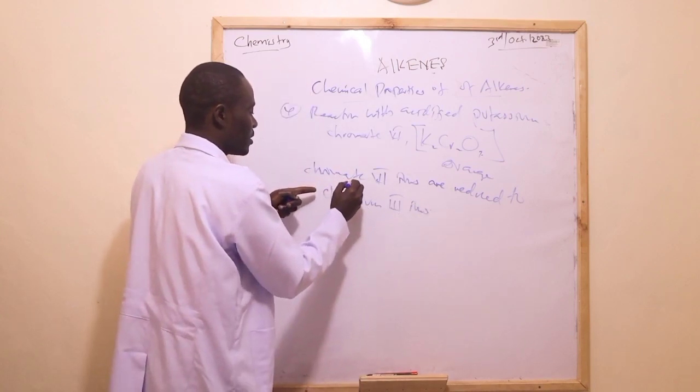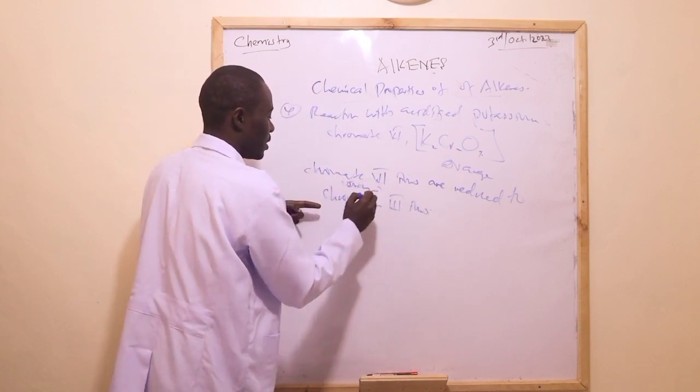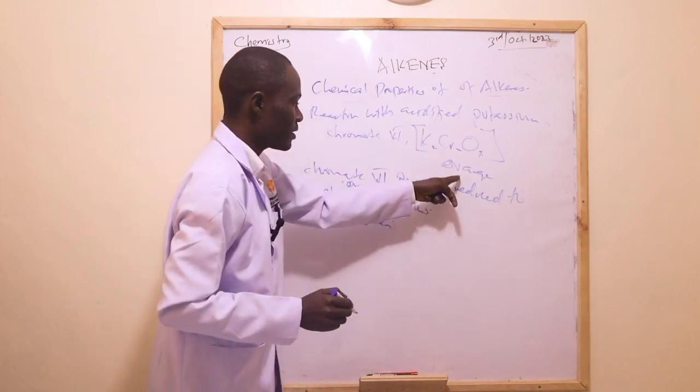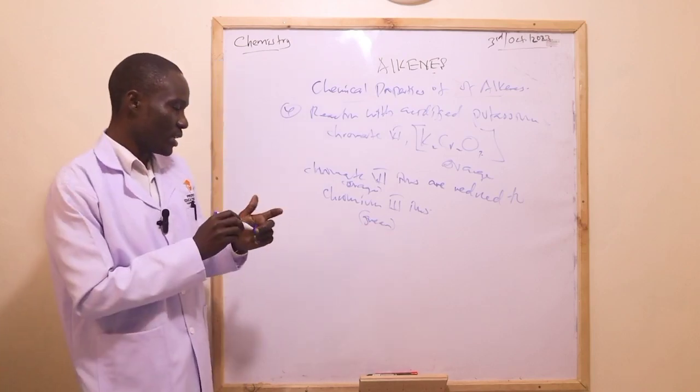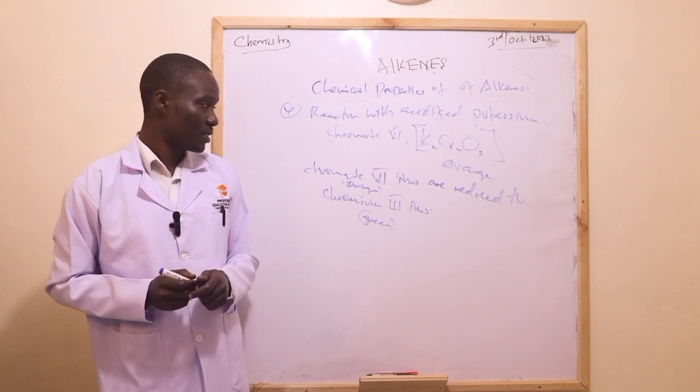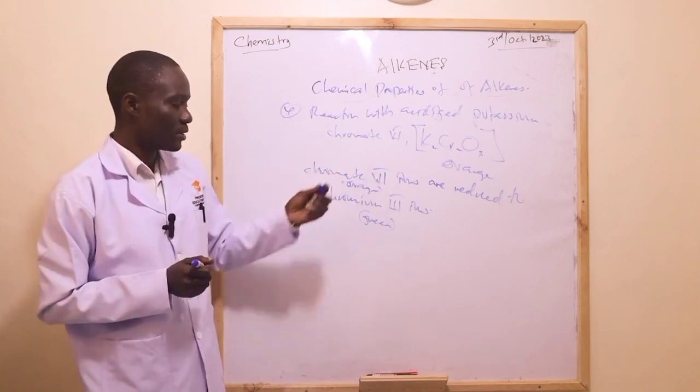So these ones I said orange, chromium 3 are green in color. So in the end result, we find that the formed product will be generally green, not orange. So that is all about that.